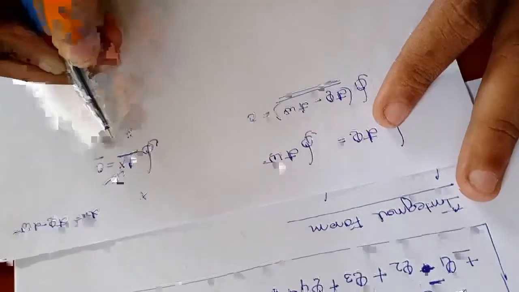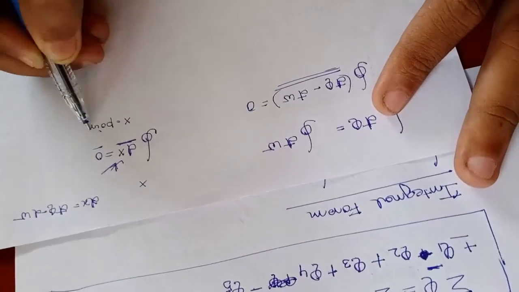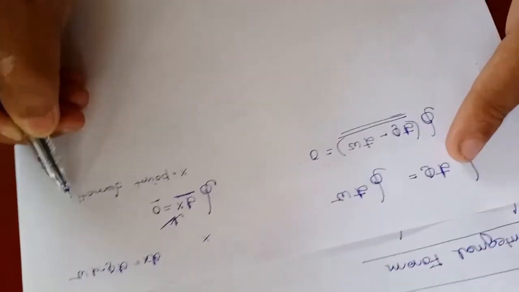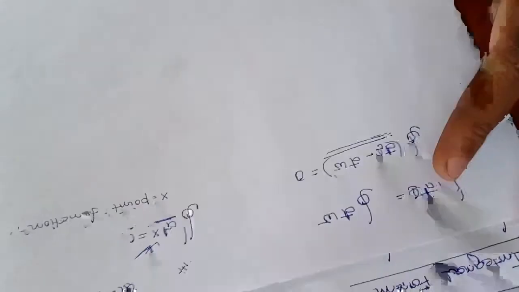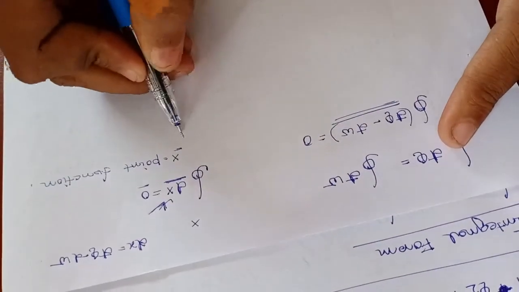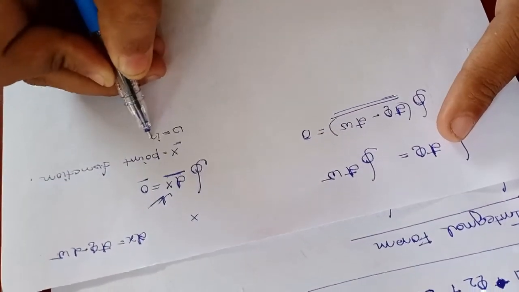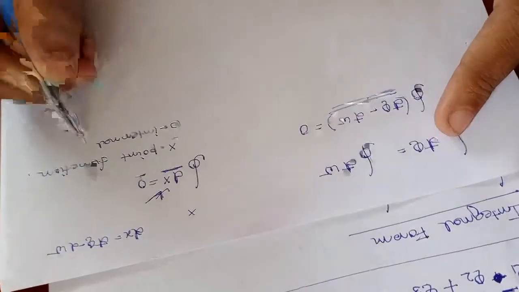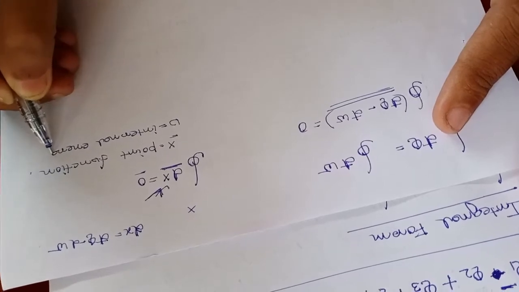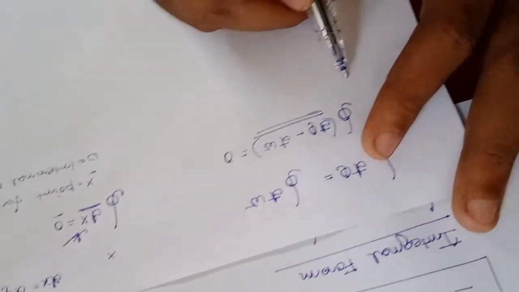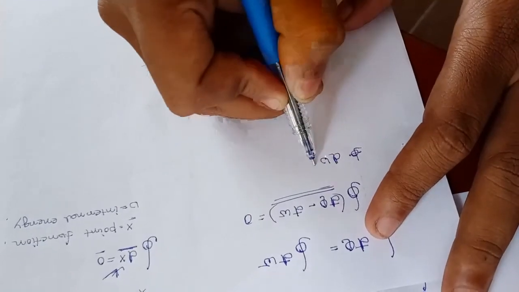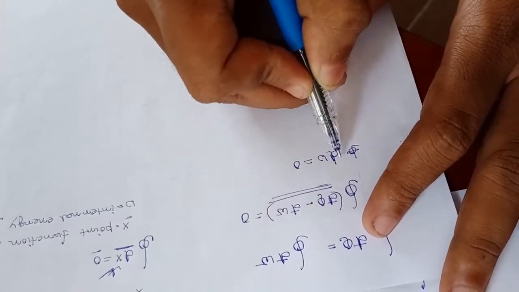That means x is a point function. This is the beauty of thermodynamics. This x in thermodynamics is known as the internal energy of the system.